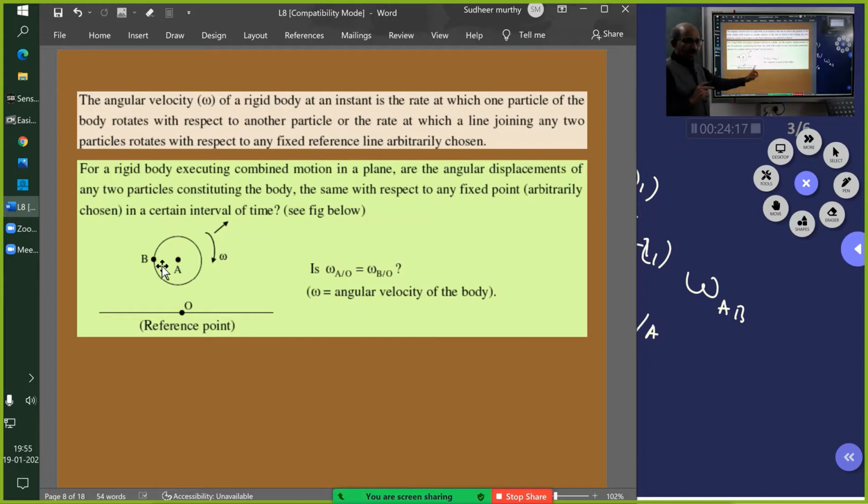The angle between OB and OB dash is theta, and OA will now become OA dash. Will this also be theta? Draw the diagram and see.